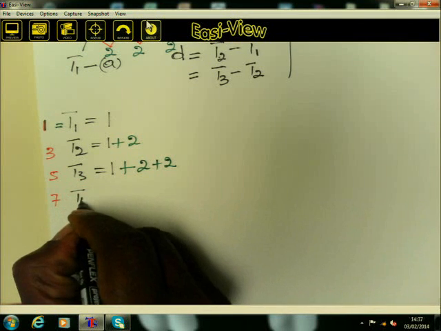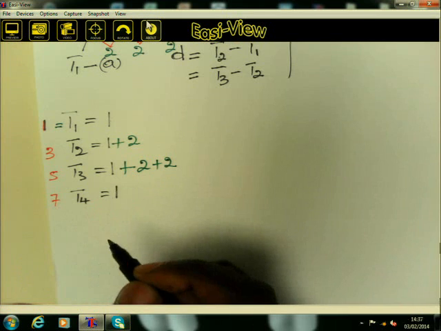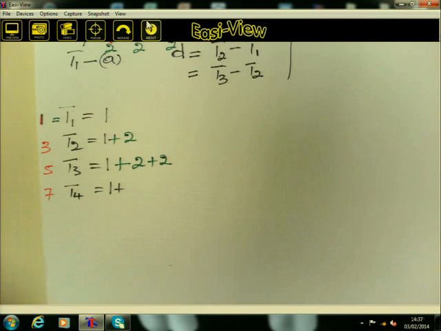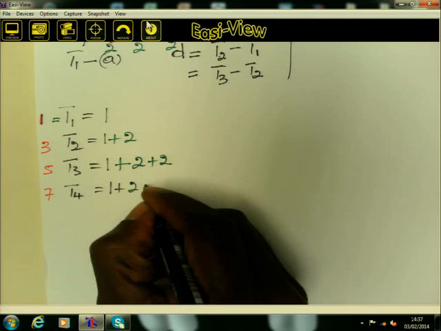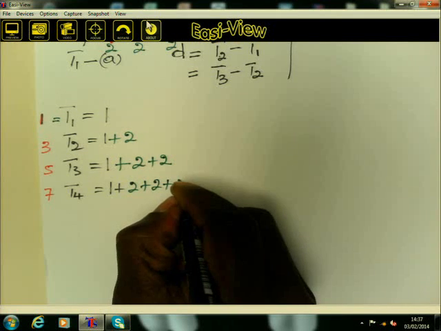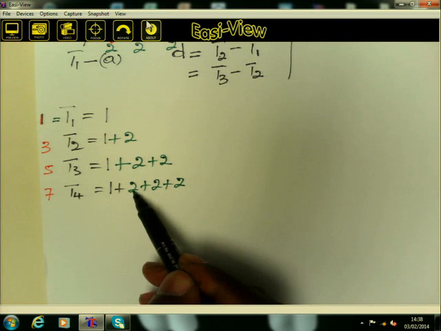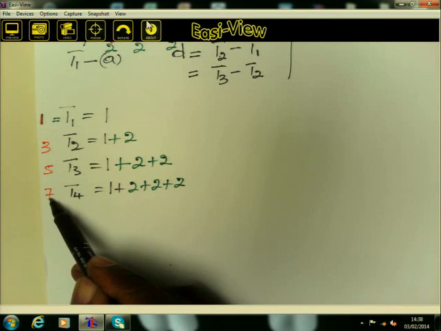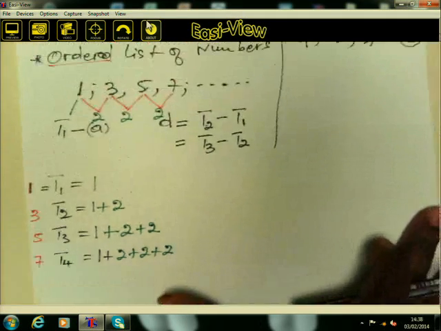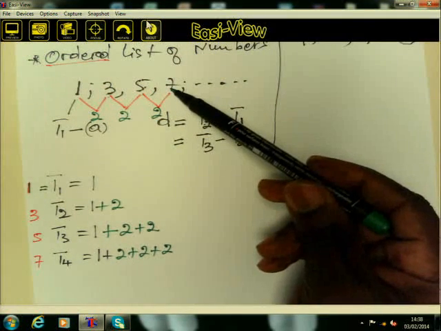Term number 4 will be the first term plus so many differences: 2, 2, and 2. Ultimately, we realize that 2 plus 2 plus 2 is 6, plus 1, it gives us 7, which is part of the fourth term of our sequence.